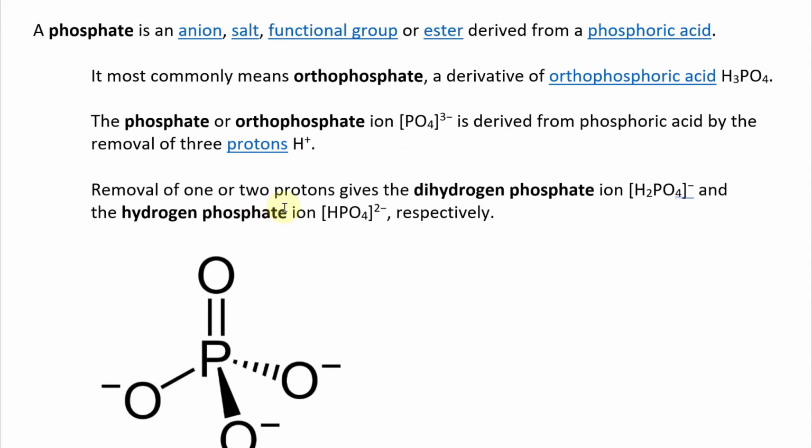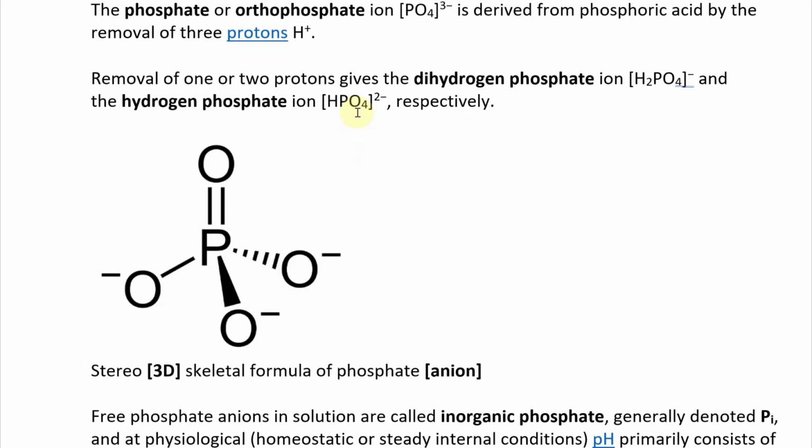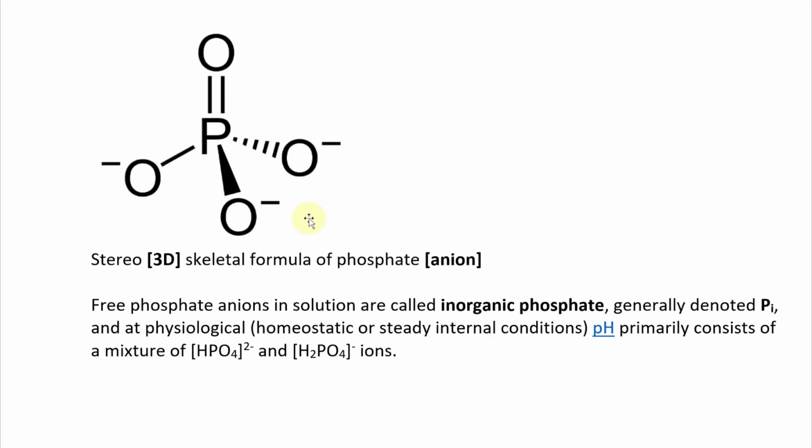The removal of 1 or 2 protons gives the dihydrogen phosphate ion, H2PO4 minus, and the hydrogen phosphate, HPO4 2 minus, respectively. So here's a stereo or 3D skeletal formula of a phosphate anion, or phosphate ion. This one is PO4 3 minus, there's no H anymore. This is all negative charge.